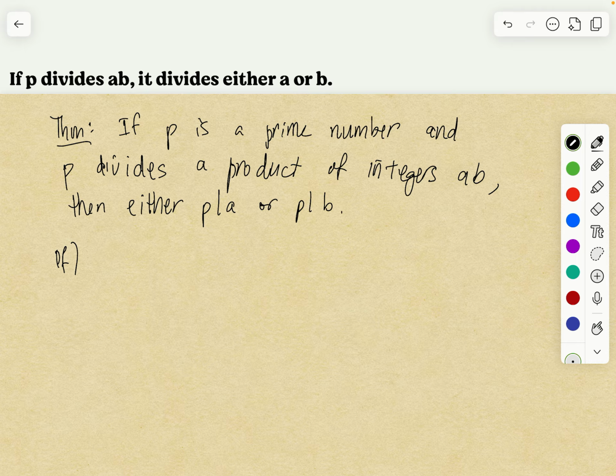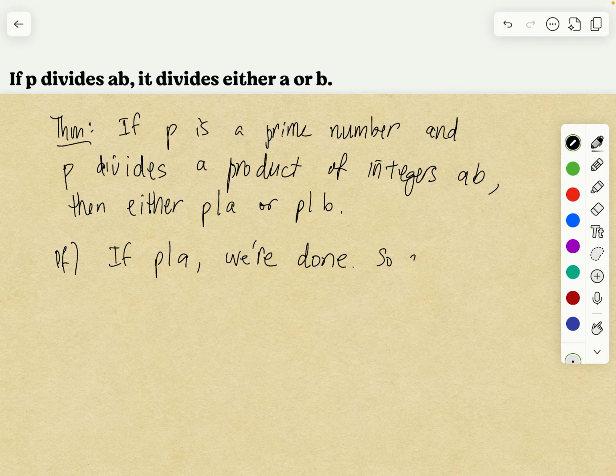Because either p divides a or p doesn't divide a. So if p divides a, we're done, because we just need to show that either p divides a or p divides b. There's nothing to prove.